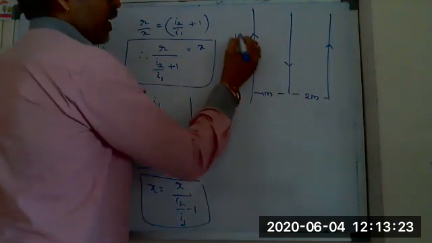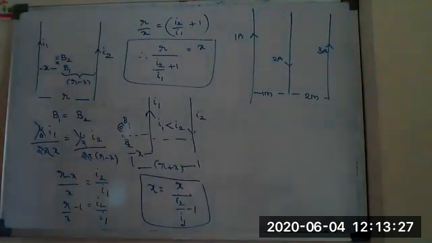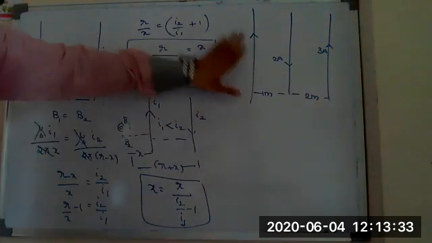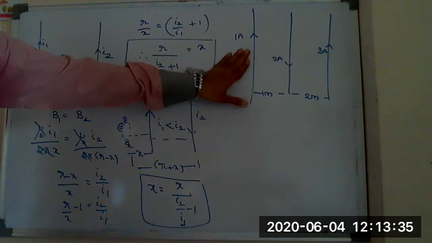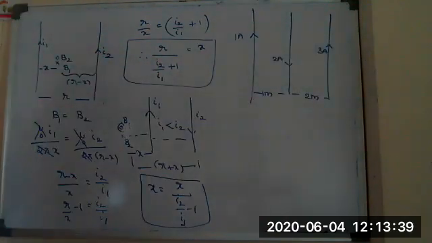And the currents are given as 1 ampere, 2 ampere, and 3 ampere. Then they may ask what will be the force on the middle conductor, or the force on the first conductor, or the force on the third conductor, considering all 3 as infinitely long.